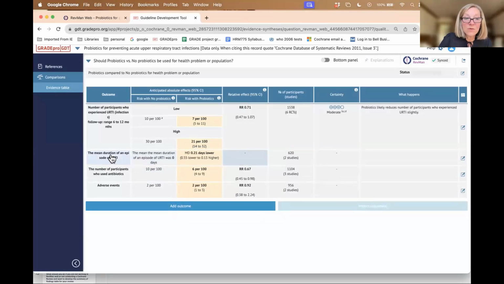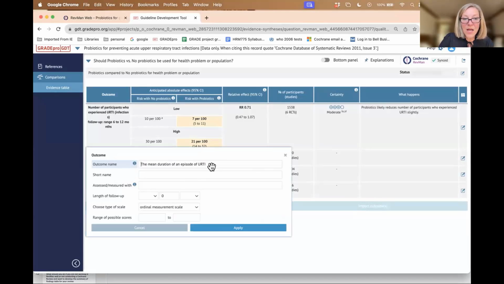What I'll also do though is when I'm describing my outcome here, this is the mean duration of an episode of an upper respiratory tract infection. I might say mean number of days of infection, just to make that a little bit more clear to people.